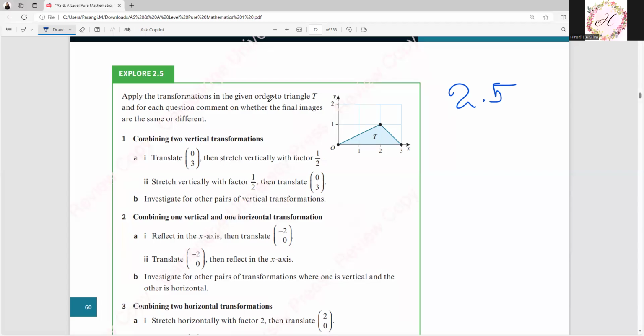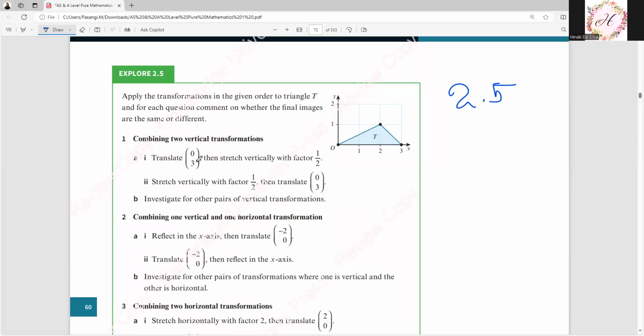Now, what they have mentioned: apply the transformations in the given order to triangle T, and for each question, comment on whether the final images are the same or different. Combining two vertical transformations.